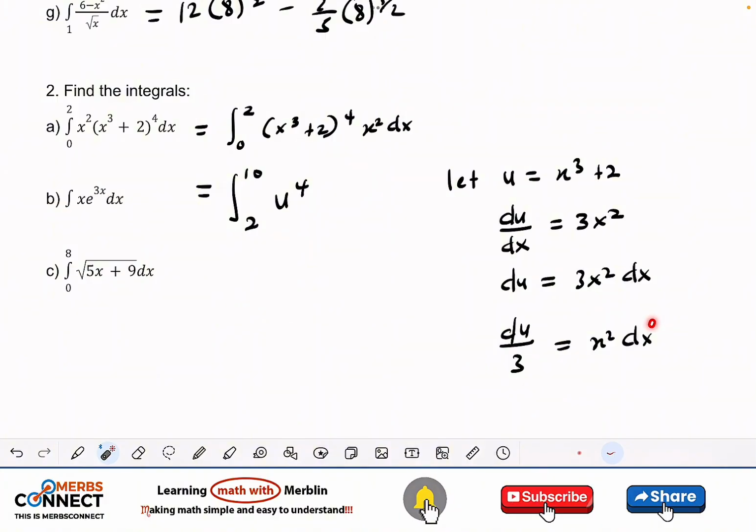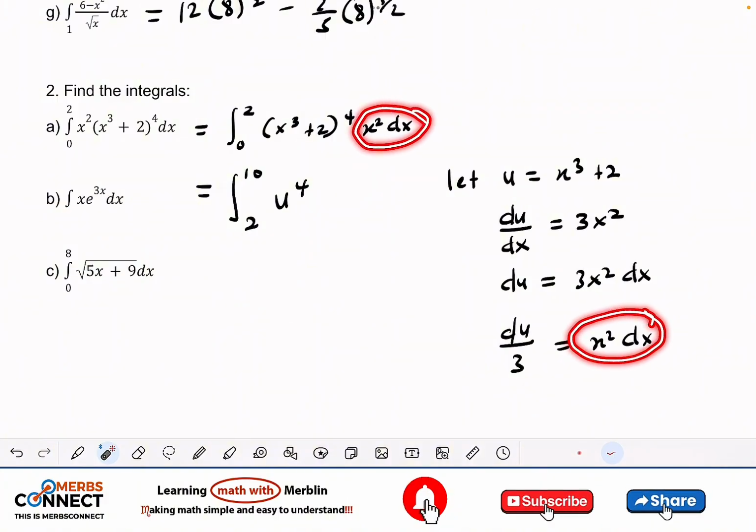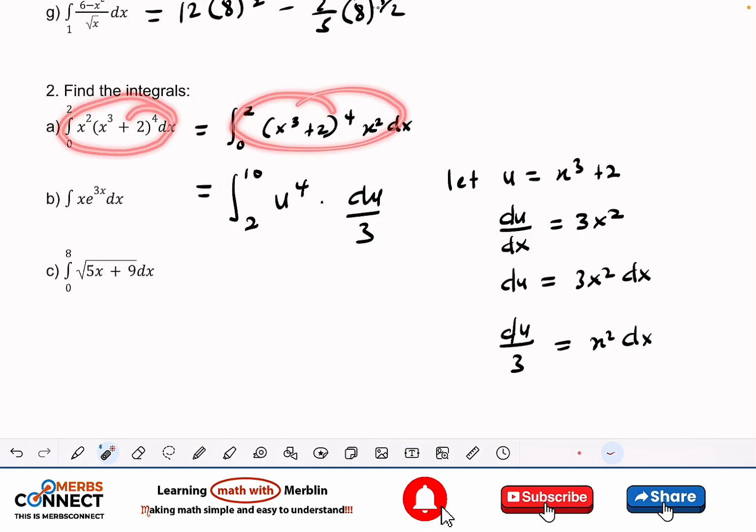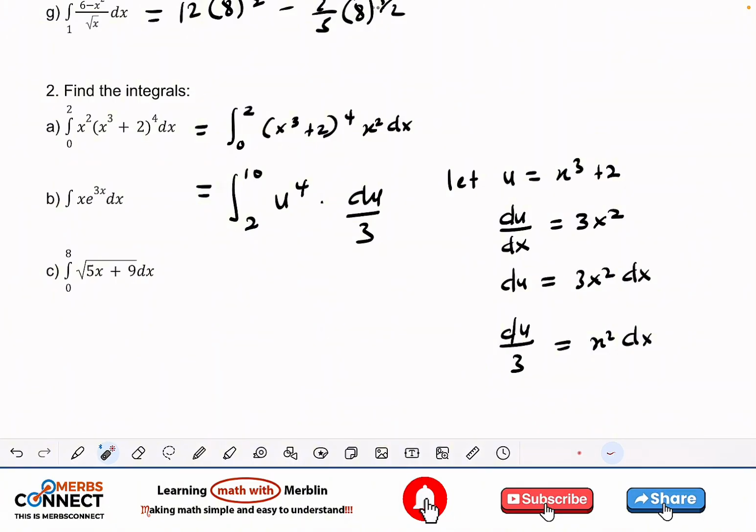So this is going to be multiplied by du over 3. This is what we call integration by substitution. I was able to change all the x to what? u, including the limit. So this is integration by substitution, including the limit.